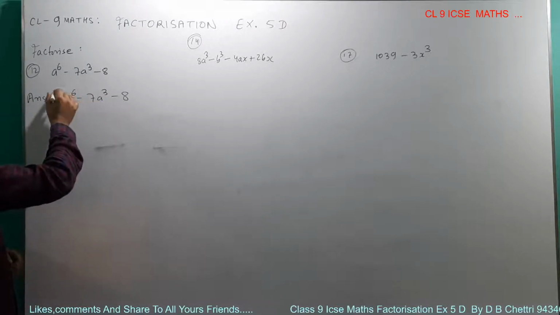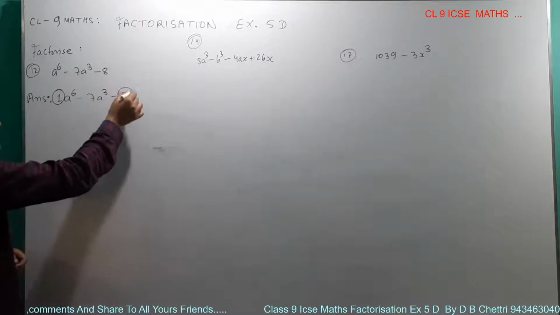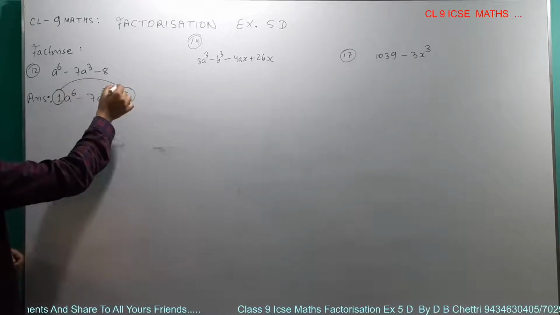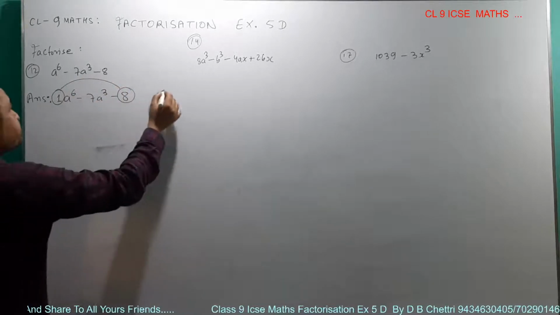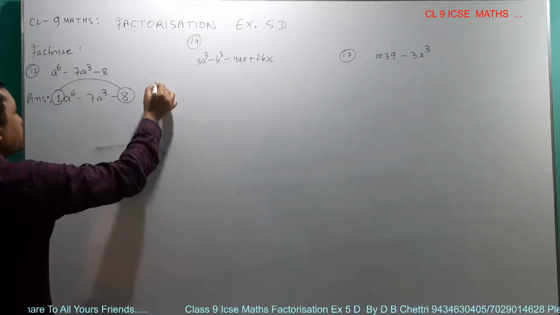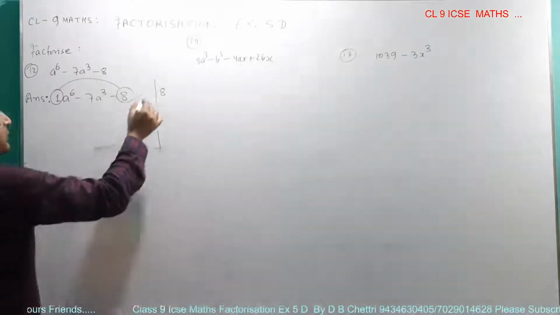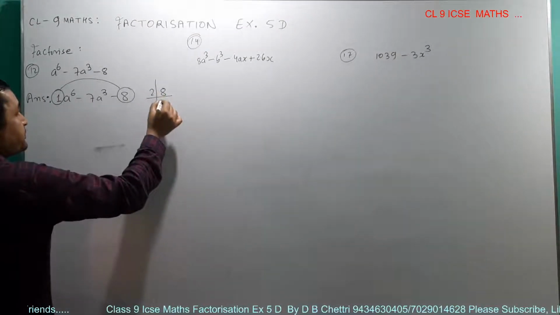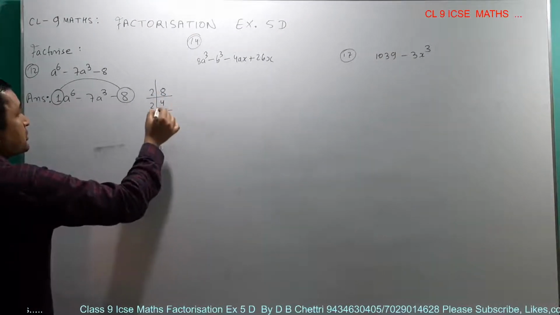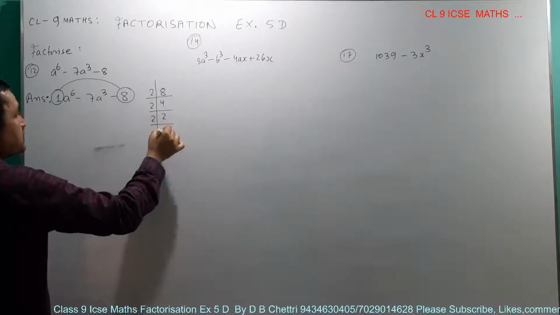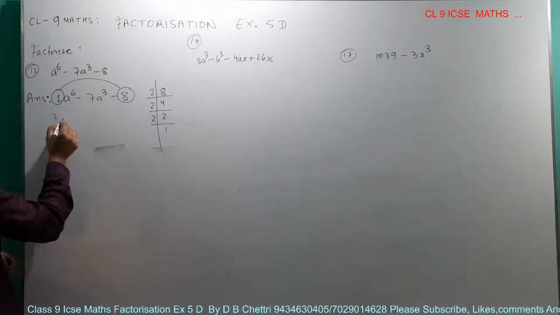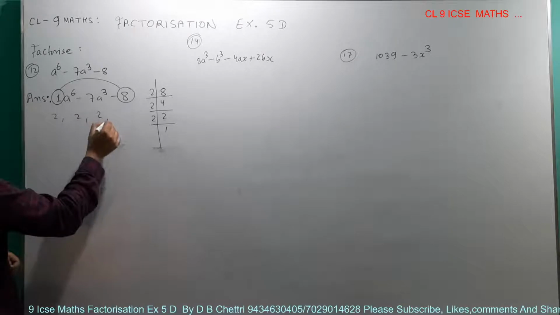Let's get their product, and their product is 8. After getting the product, get the factors of the product. The factors are 2, 2, 2, 1.